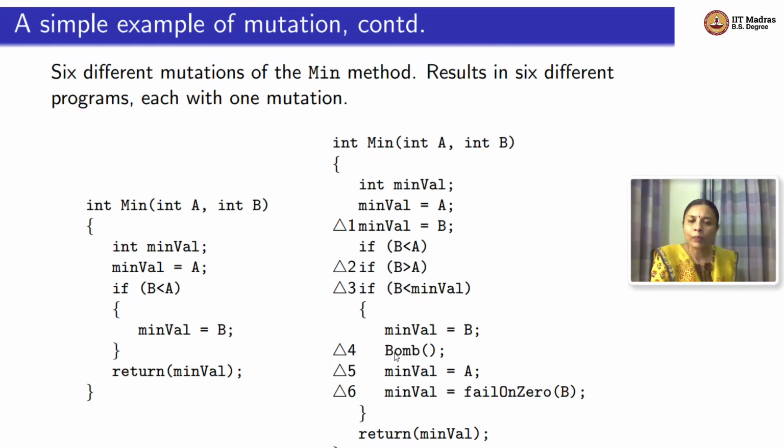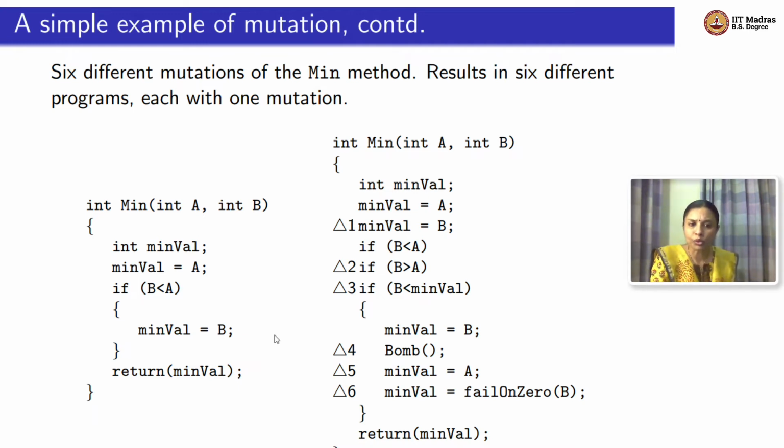So the term statement bomb represents a special method which indicates that there is a runtime error that happens when you reach that statement. So you can write any code for this bomb method, which basically indicates that an exception has occurred and the program stops execution.